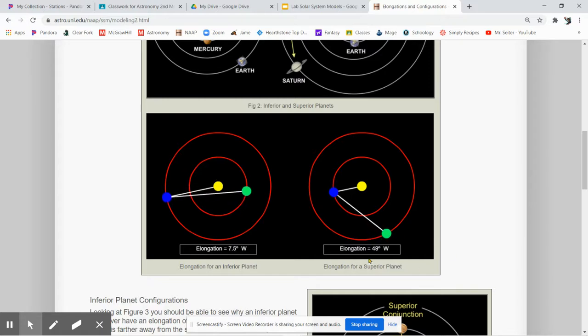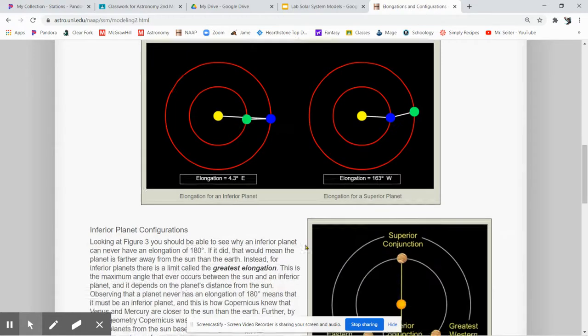Watch, greatest elongation. Look at the degrees. Greatest elongation down here, or I'm sorry, quadrature. So they move a little bit differently.